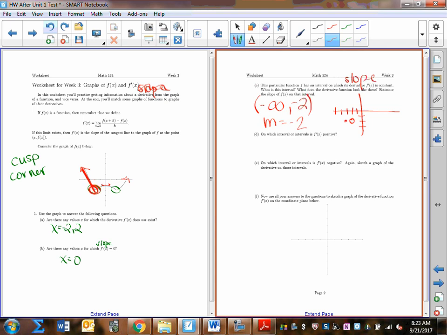At -4, my slope is still that -2. So it's that same slope that whole time. And if my slope is constant, my derivative graph, which is my slope, should have a constant value. So you should have had just a straight horizontal line at -2 for that left chunk of my graph, because it's the same slope all along. Now we're just going to graph the left piece for now, since that's all we've investigated so far. But questions on that?